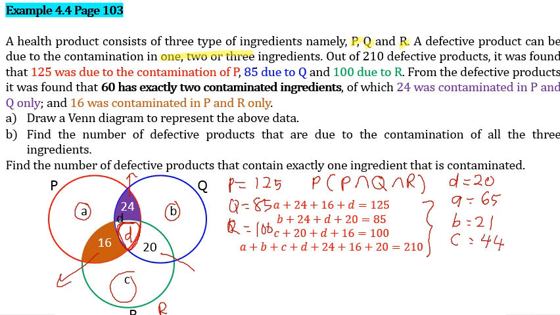So A plus B plus C equals 65 plus 21 plus 44, which is 130. So the answer is 130.